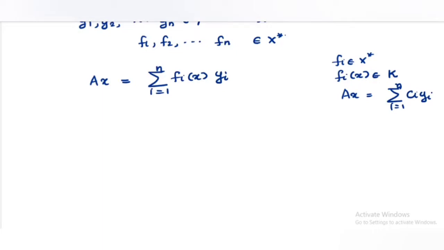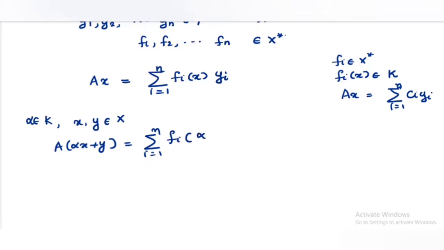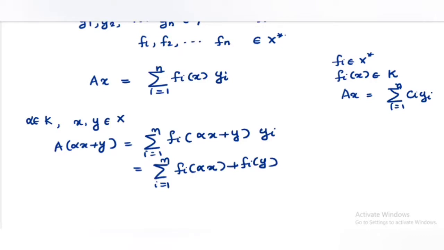So you choose some alpha belonging to K and x, y belonging to X. Now by definition, A of alpha x plus y is equal to sigma i equal to 1 to n of fi of alpha x plus y into yi. But the fi are linear functionals, so this is equal to fi of alpha x plus fi of y, and whole into yi.